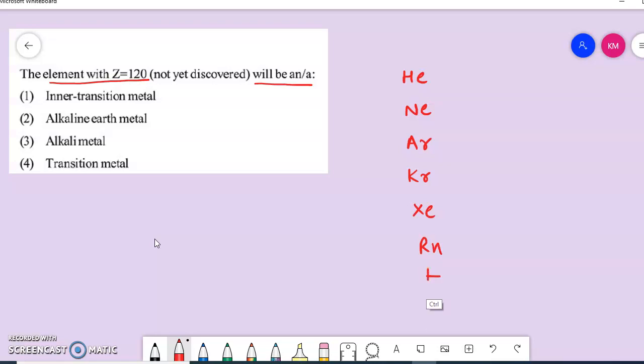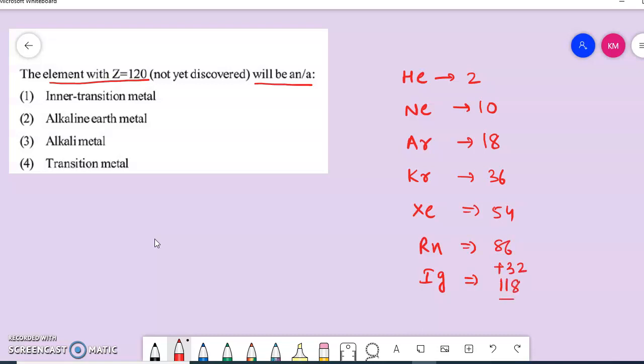Let us label it as Ig. Helium atomic number is 2, neon 10, argon 18, krypton 36, xenon 54, radon 86. Upon adding 32, next you will get 118. This is the atomic number of the unknown inert gas.